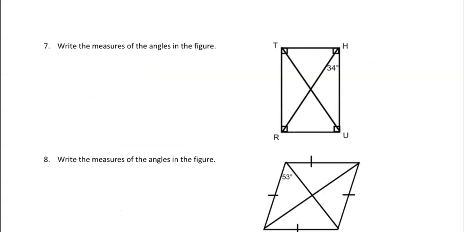All right, number 7. Write the measures of the angles in the figure. Okay. So, remember, when we have a shape like this, it is a rectangle, 4 90-degree angles. Basically, we end up with 4 little triangles inside, okay?